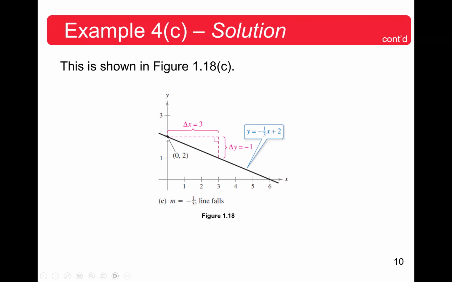Since the slope m is negative 1/3, the line is going to fall. When x moves 3 units to the right, y will fall by 1, because the slope is negative 1/3.